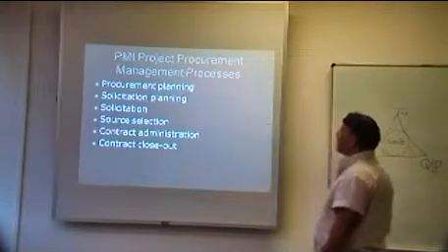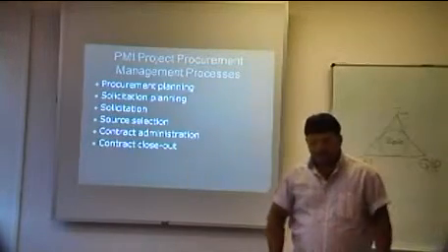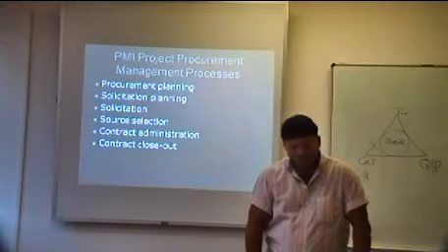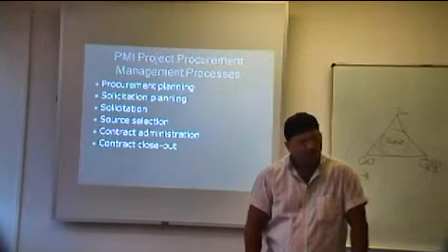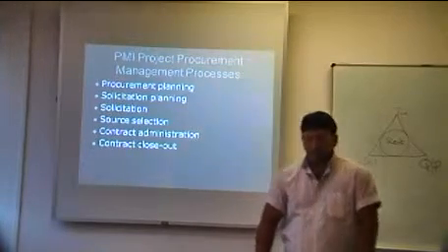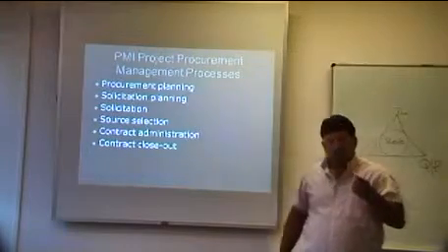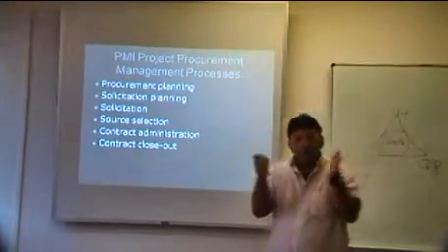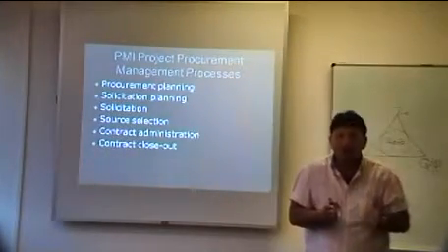Solicitation planning is what you need to plan there: to look at your sources, etc., and to find out how you're going to solicit this tender or this procurement item. If you solicit, are you going to go on open tender? Are you going to go on a closed tender? Are you going to go for a preferred supplier?